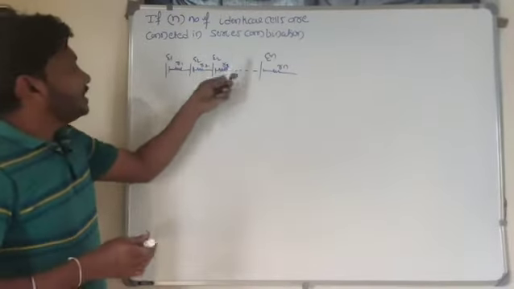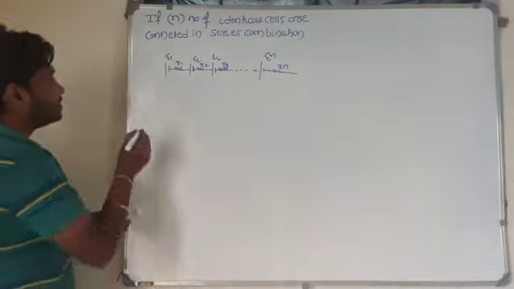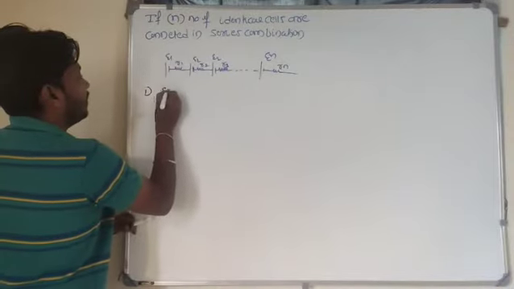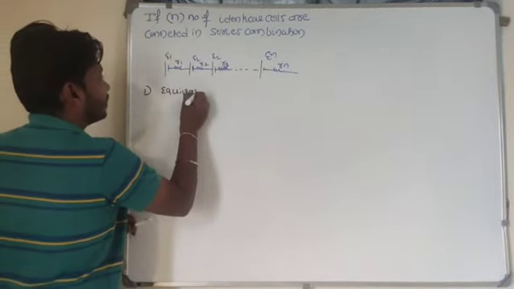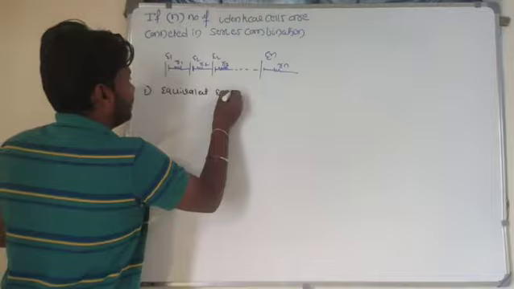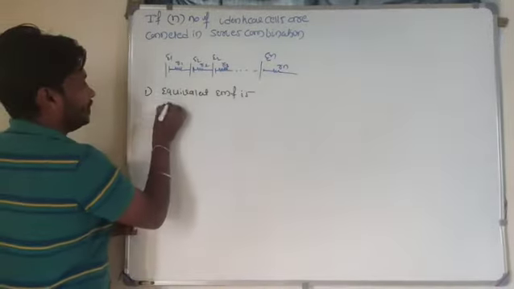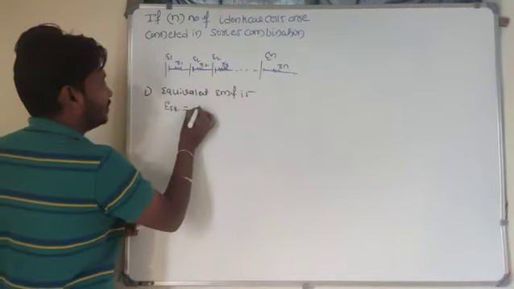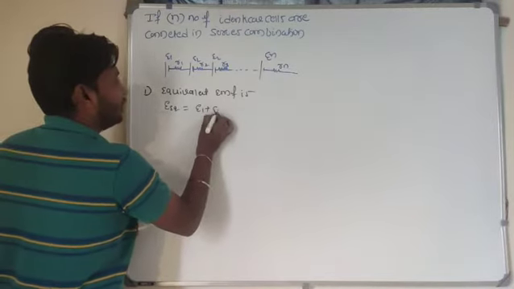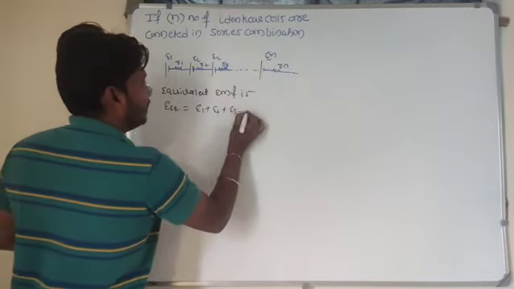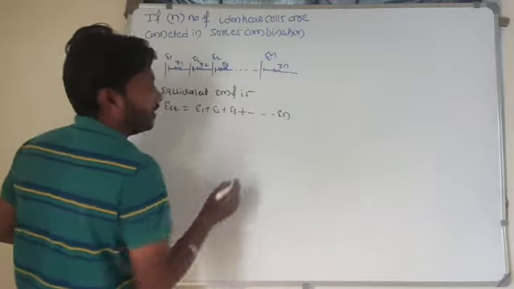What is the equivalent EMF when n identical cells are in series combination? In series combination, E is equal to E1 plus E2 plus E3 up to E of n.